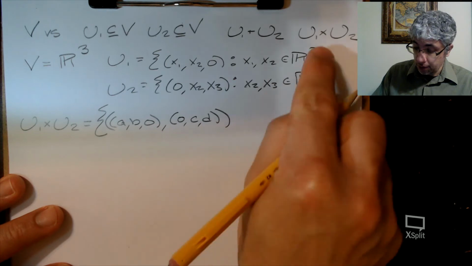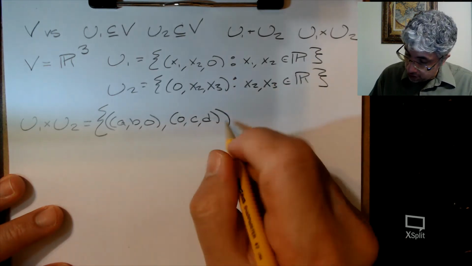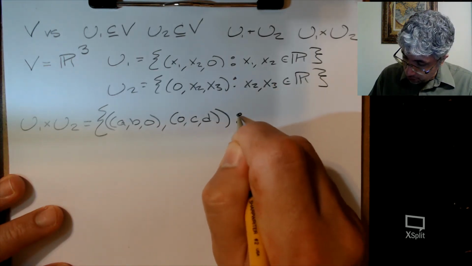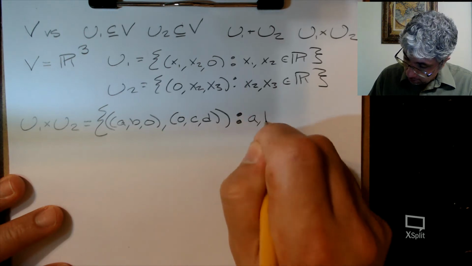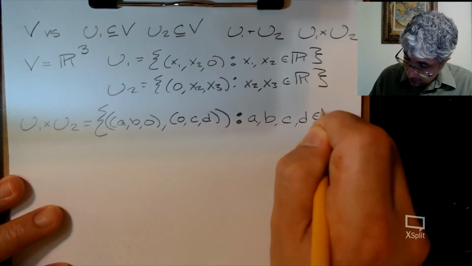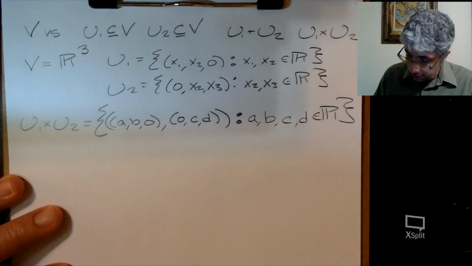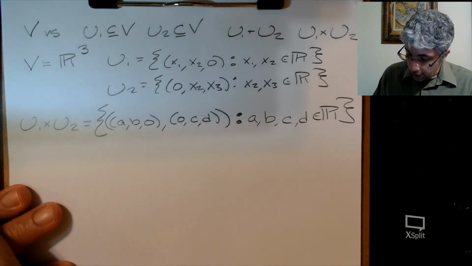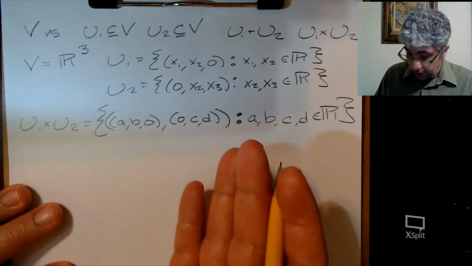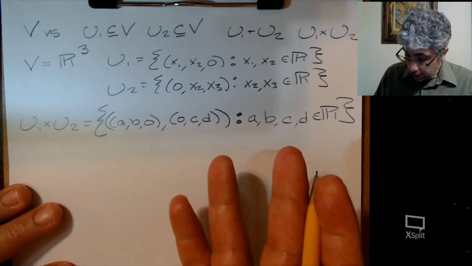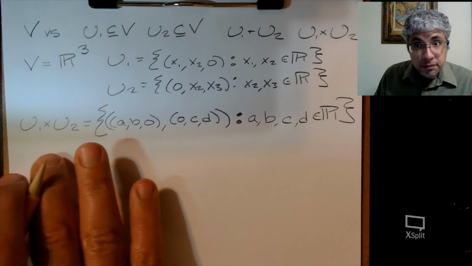Because that's how we get a product. So we get pairs of triples for A, B, C, and D in the real numbers. Okay, so we have a perfectly good vector space here.